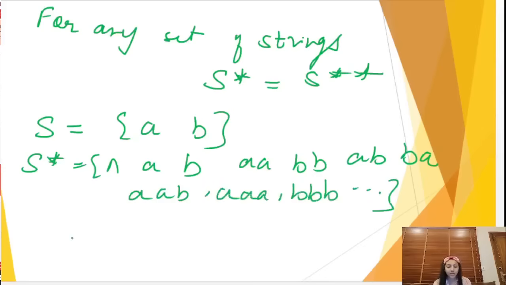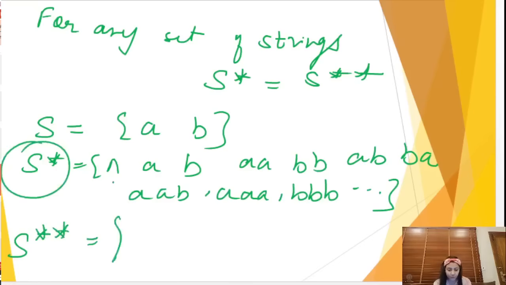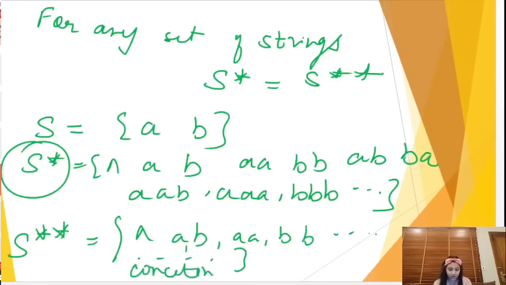Now if I take S star and then star of this again, so basically I'm again taking the closure. So this will first consist of all the strings that are there in S star, lambda, A, B, AA, BB and so on, and the rest of all the strings that can be formed from their concatenation.